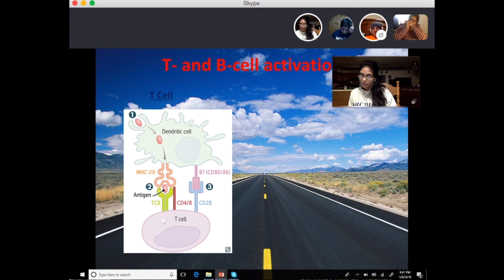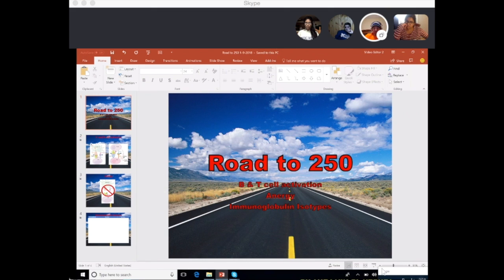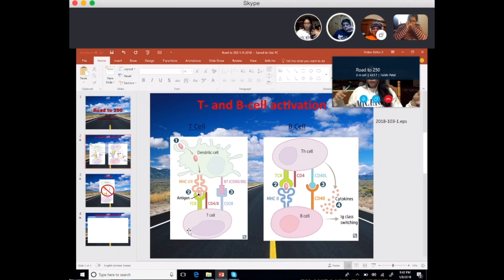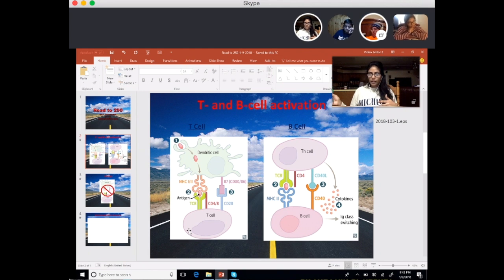Okay. Yeah. Okay, that makes sense. And so the cytokine that's released, it could be interferon gamma or interleukin 12 for the T helper 1, and then interleukin 4 for T helper 2.